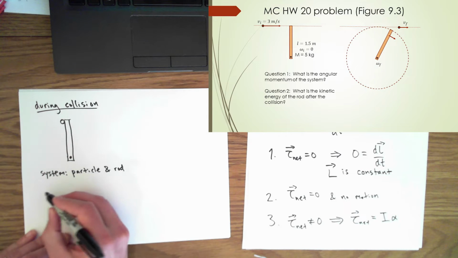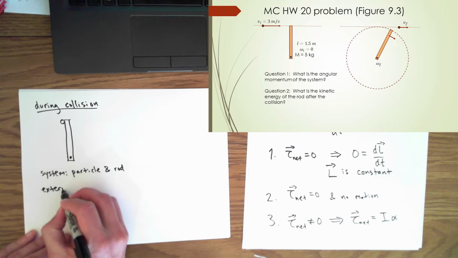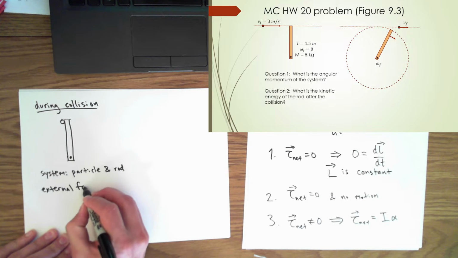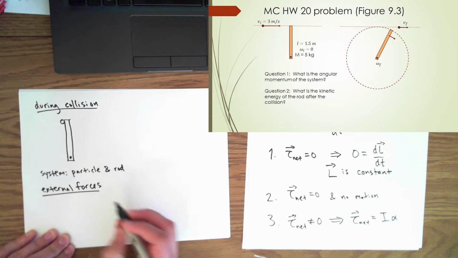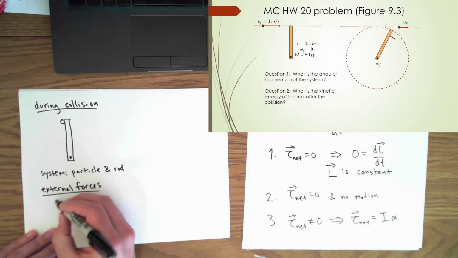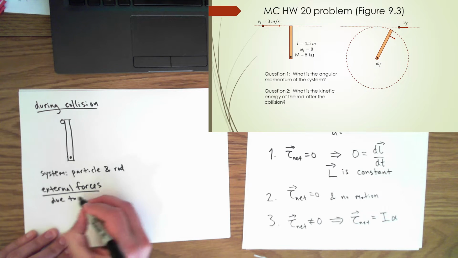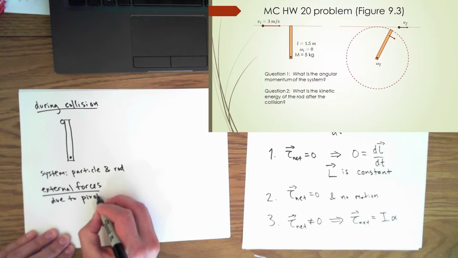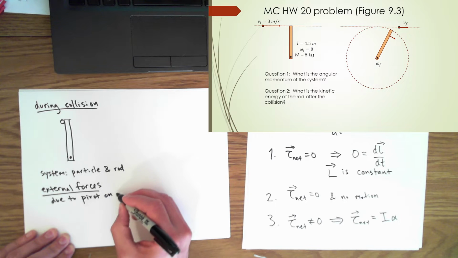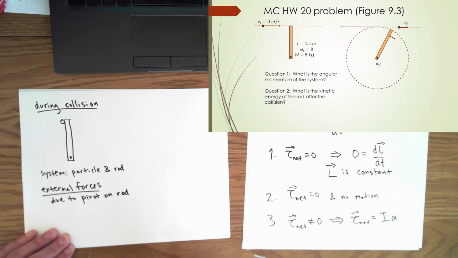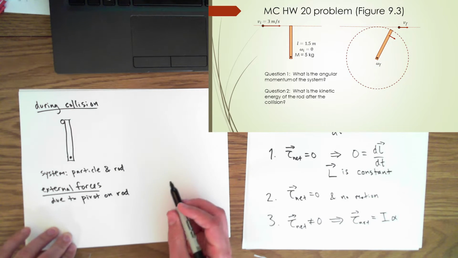So the external forces are not zero. Those are the forces due to the pivot on the rod. So those forces are not zero.